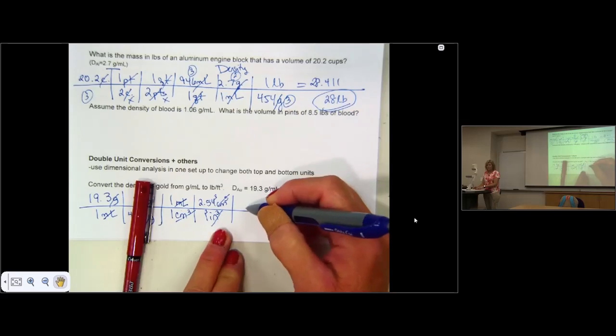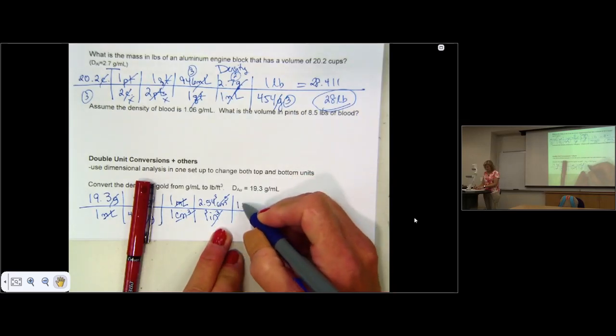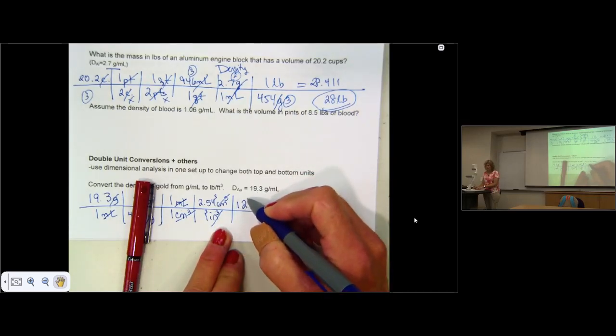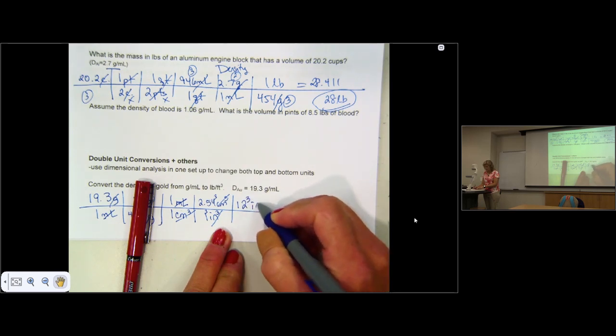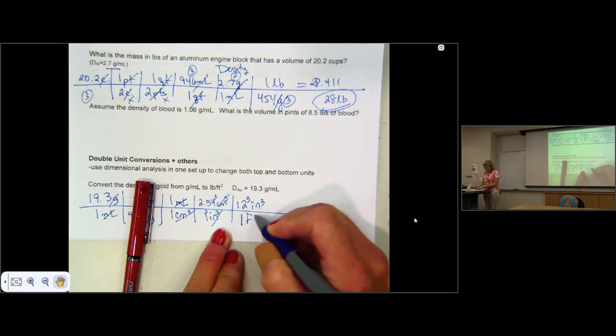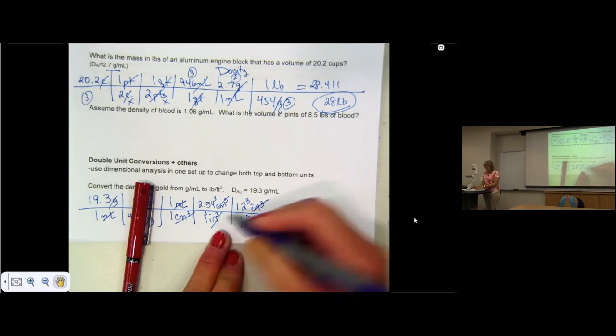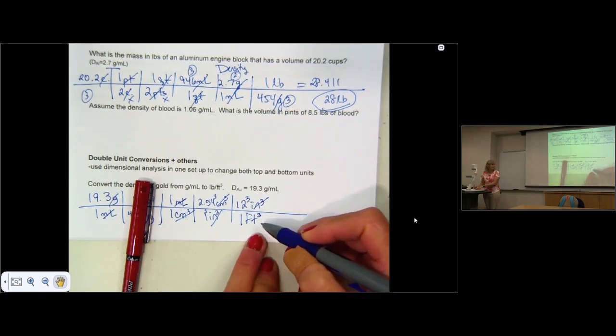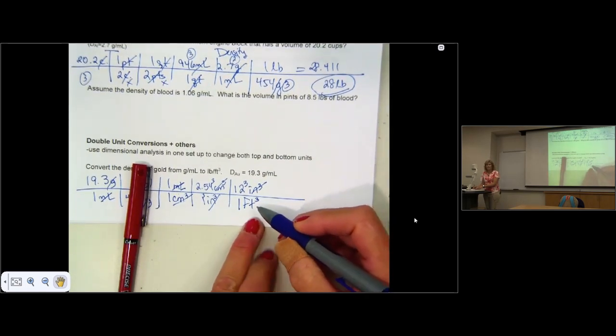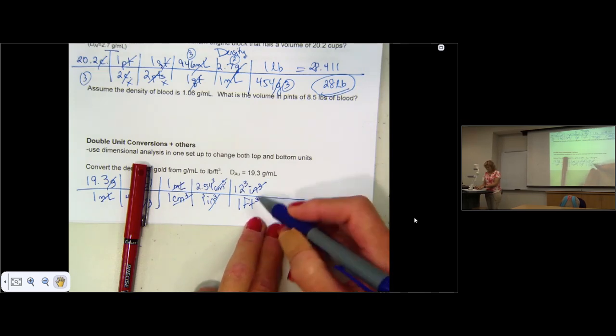It will cancel. What goes on top now? 12. Go ahead and do the whole thing. 12 cubed, inches cubed over 1 foot cubed. So inches cubed cancels. Now look where I am. Is that what I wanted to be in? So feet cubed is at the bottom.